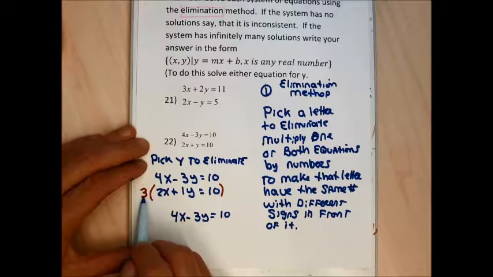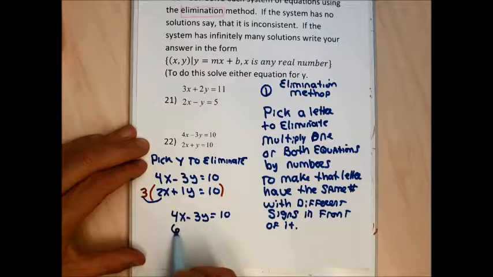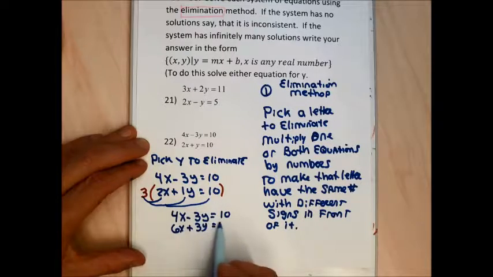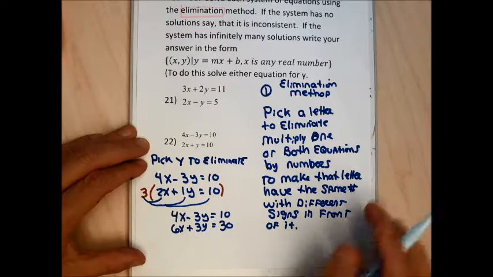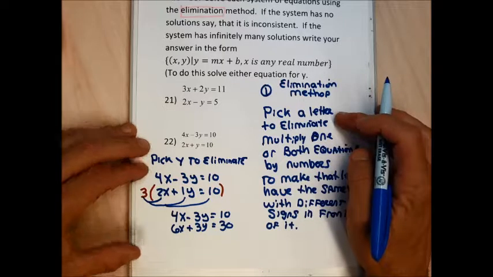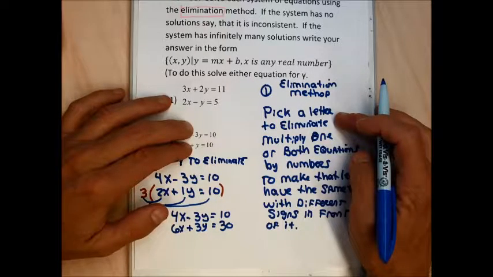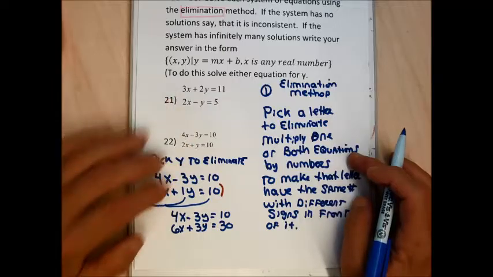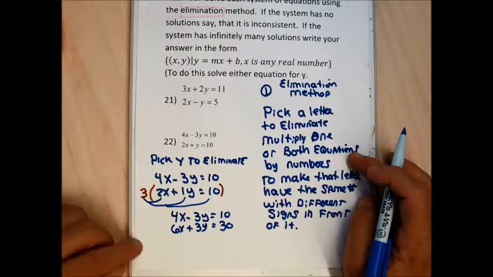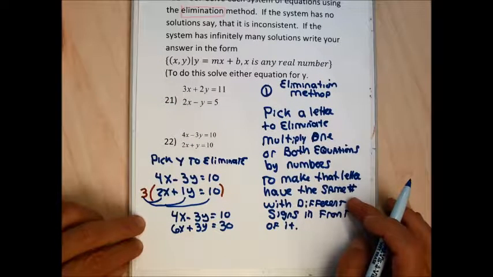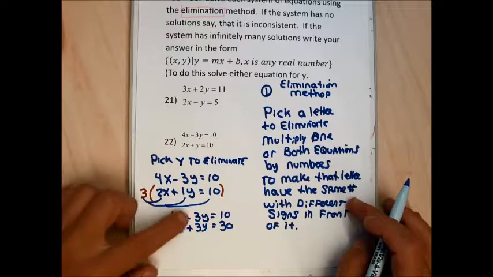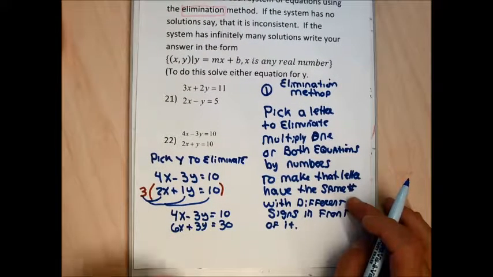So now in the bottom equation I'm going to go 3 times 2x, 3 times 1y, and 3 times 10. I'm done with my first step. I picked a letter to eliminate. I picked y's because they had opposite signs in front of them, and I'd either multiply one or both equations to make that letter have the same number with different signs. Well, I've made the y have the same number, 3, with different signs.